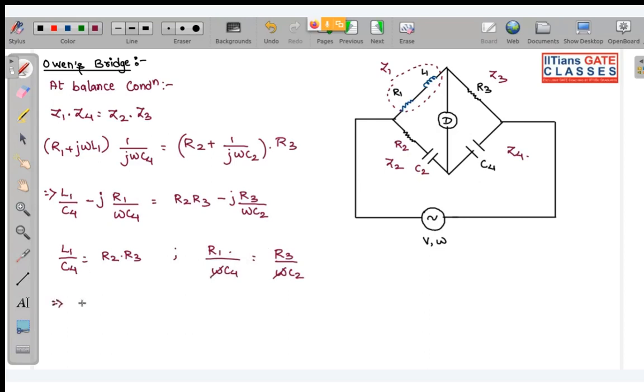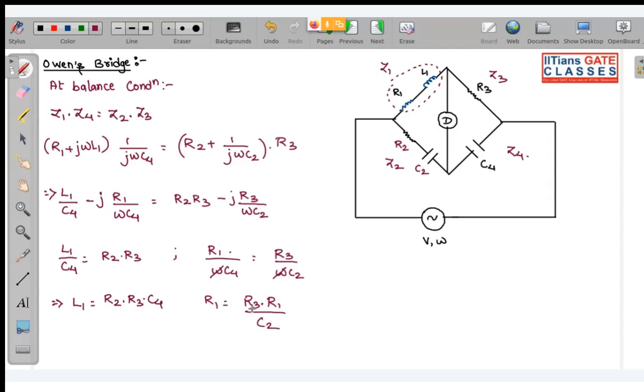Okay, so L1 is equal to R2 into R3 into C4, and R1 is equal to R3 into C4 divided by C2. So we have L1 and R1.